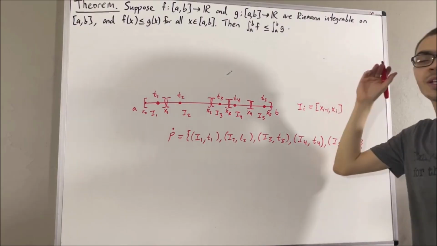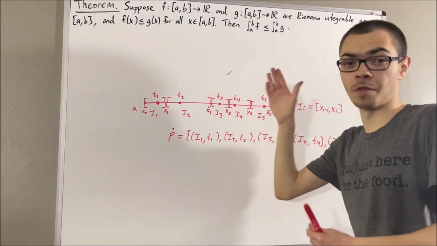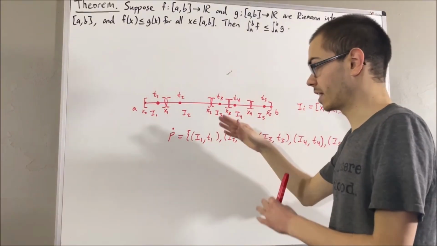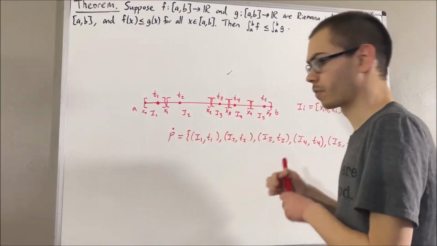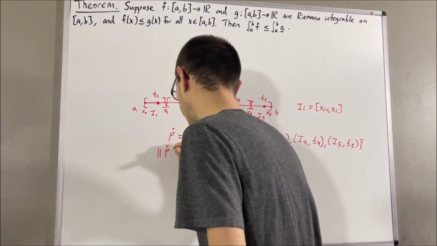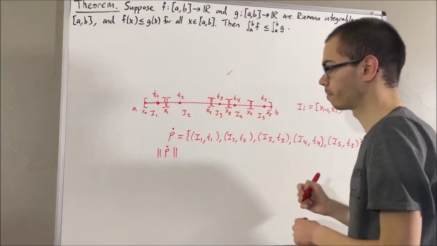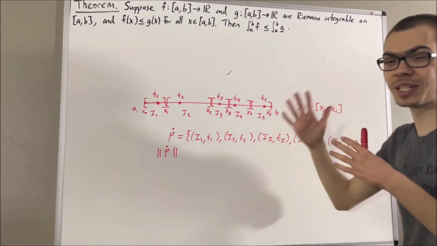Now, the norm of a partition is the length of the longest subinterval of the partition. So in that case, the norm of this partition would be the length of the subinterval I2. And the way that we symbolize the norm of a partition is with double vertical bars, like this. So now, let's talk about the definition of a Riemann sum.